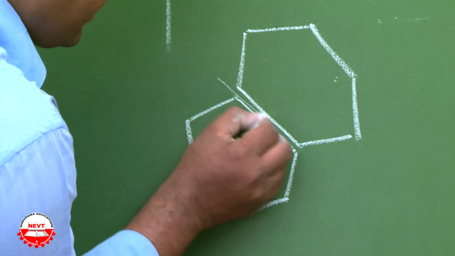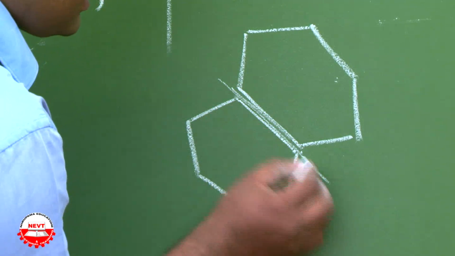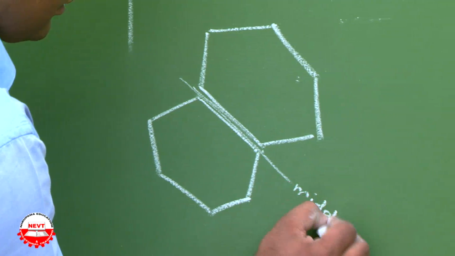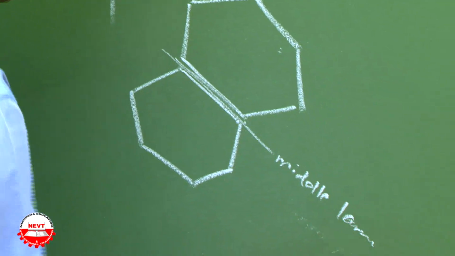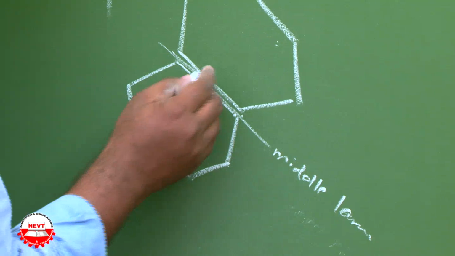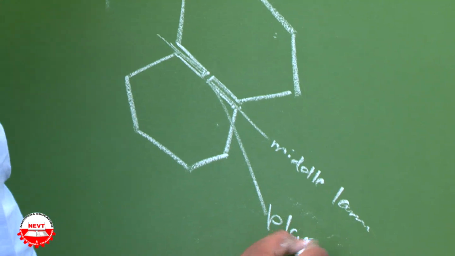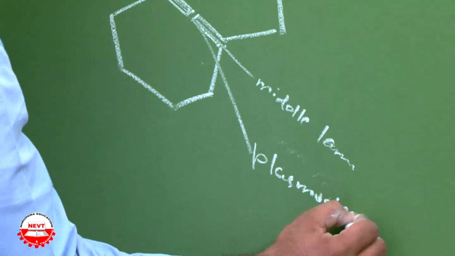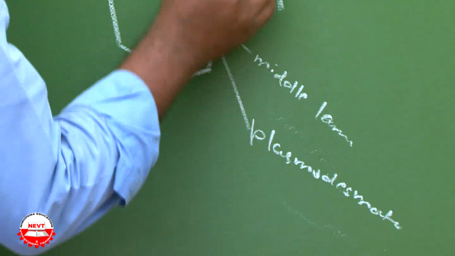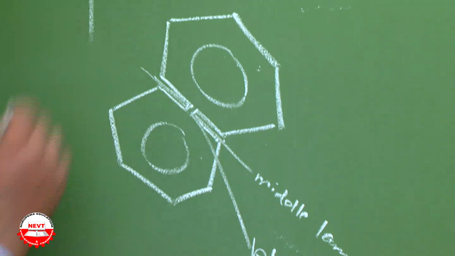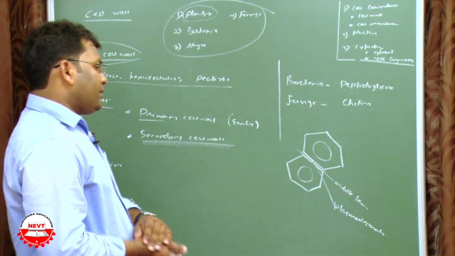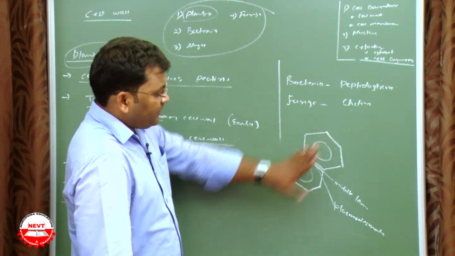Middle lamella is a connecting material which connects two cells. And the connection between two cells is made by an opening that is called plasmodesmata between two cells, right? So this is a simple anatomical part of a plant cell.